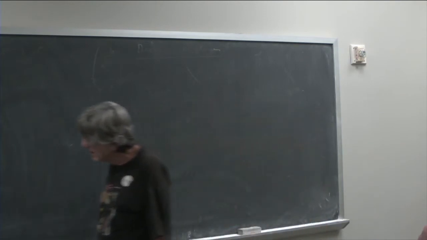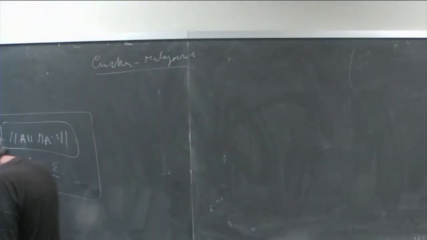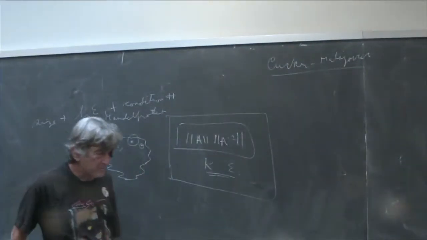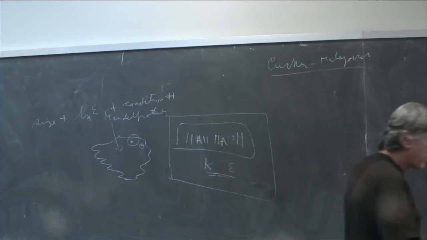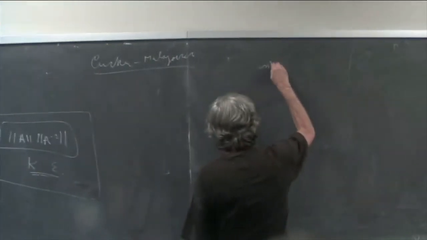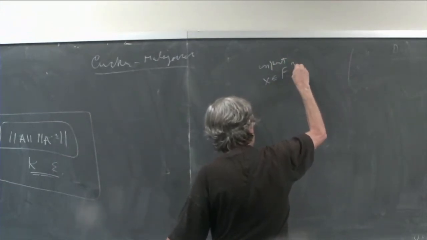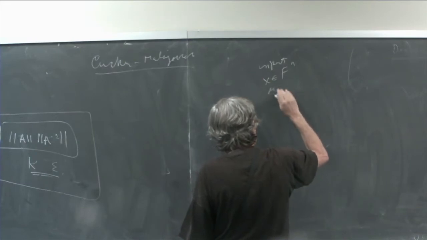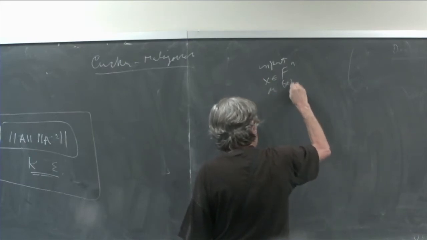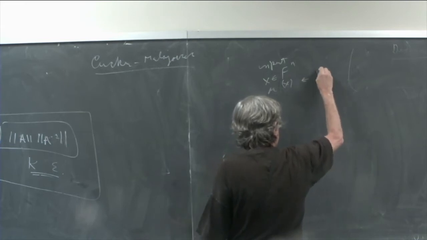And then Felipe Cucker and Gregorio Malajovich had a great idea. They just said, let's just consider the condition to be any function. So now they consider an input to a problem to be x in some structure to the n power, plus a function mu, where mu of x is some number between 0 and infinity.